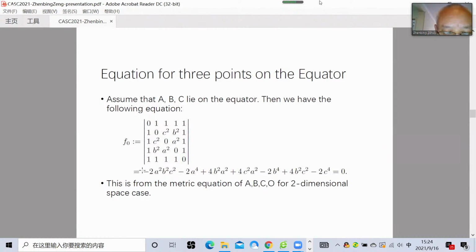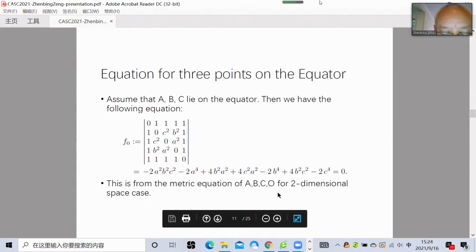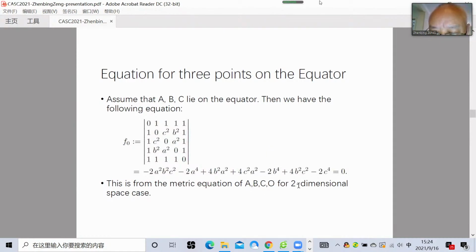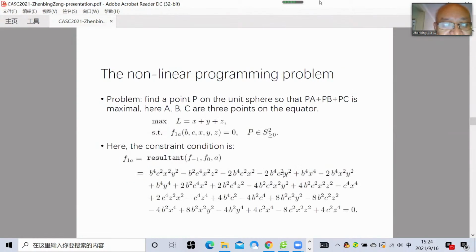If we expand this determinant, we get this kind of polynomial. This is from the metric equation for 4 points in the 2-dimensional space case.